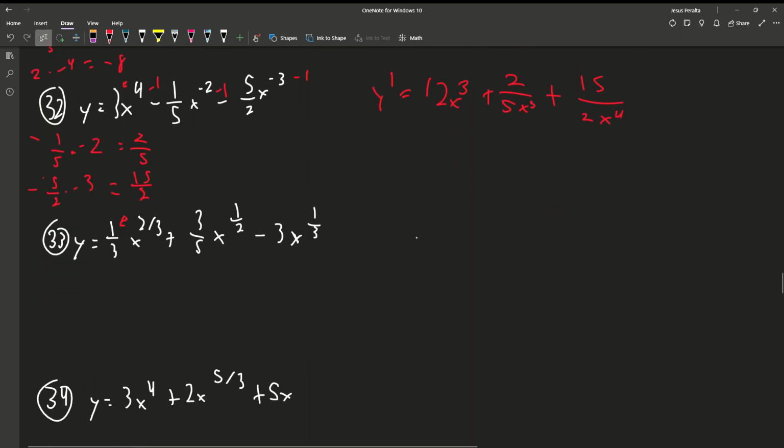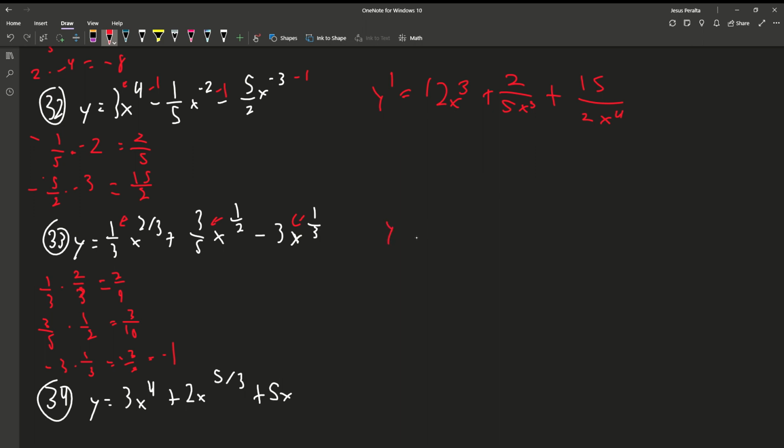Alright. Then 1 over 3 times 2 over 3 is 2 over 9. And then we have for the second part 3 over 5 multiplied times 1 over 2, which is equal to 3 over 10. For this other part, negative 3 times 1 over 3, which is going to be negative 3 over 3, which is just negative 1.